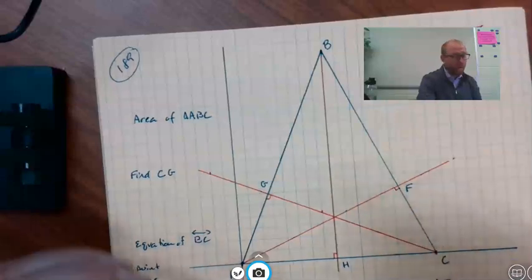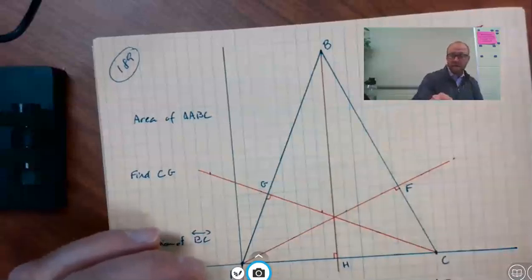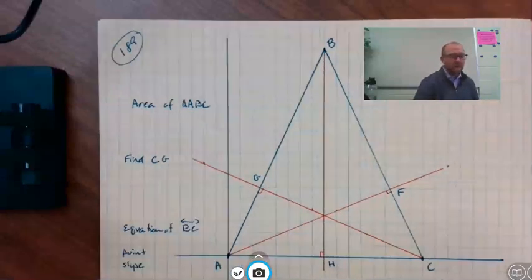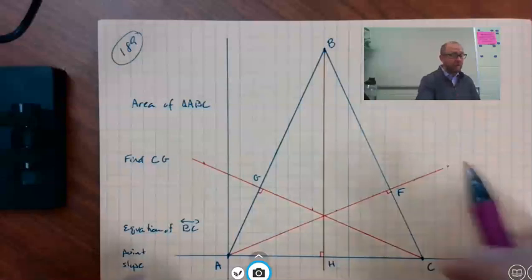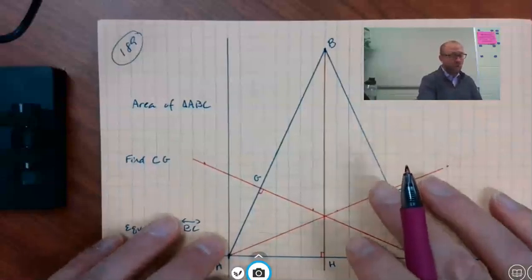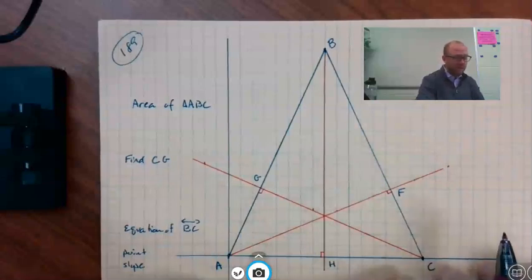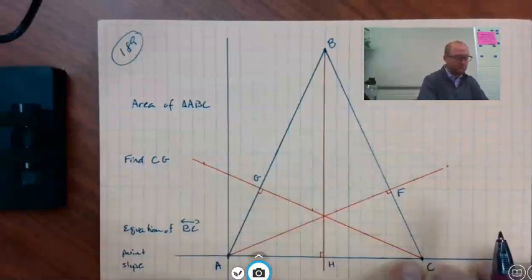That's the complicated way. The easier way is that if we already know the area of the triangle, we can just work backwards to find the height, the length of this segment here.